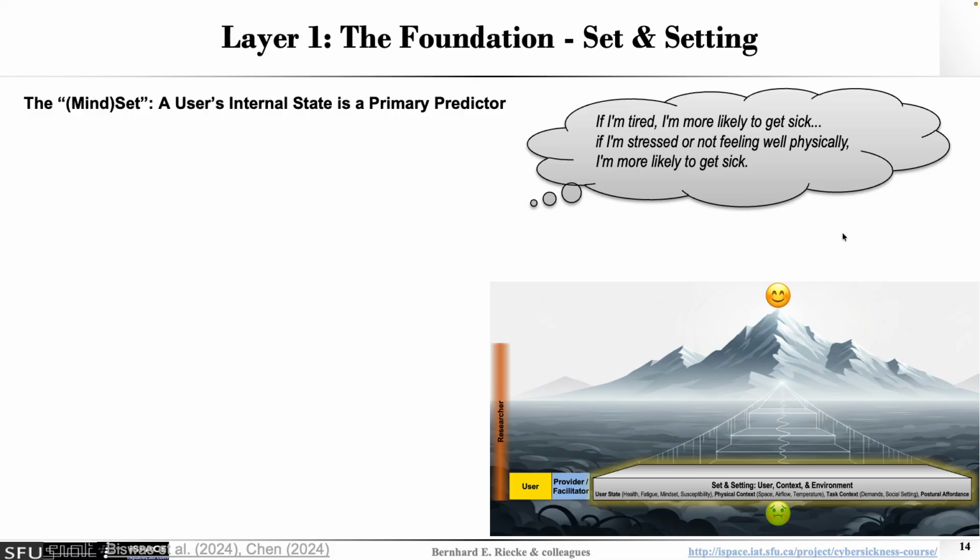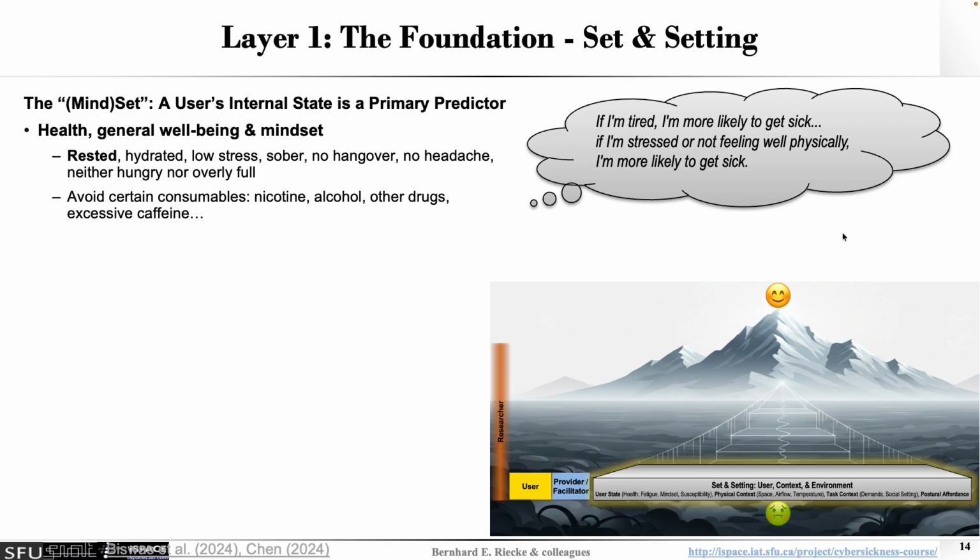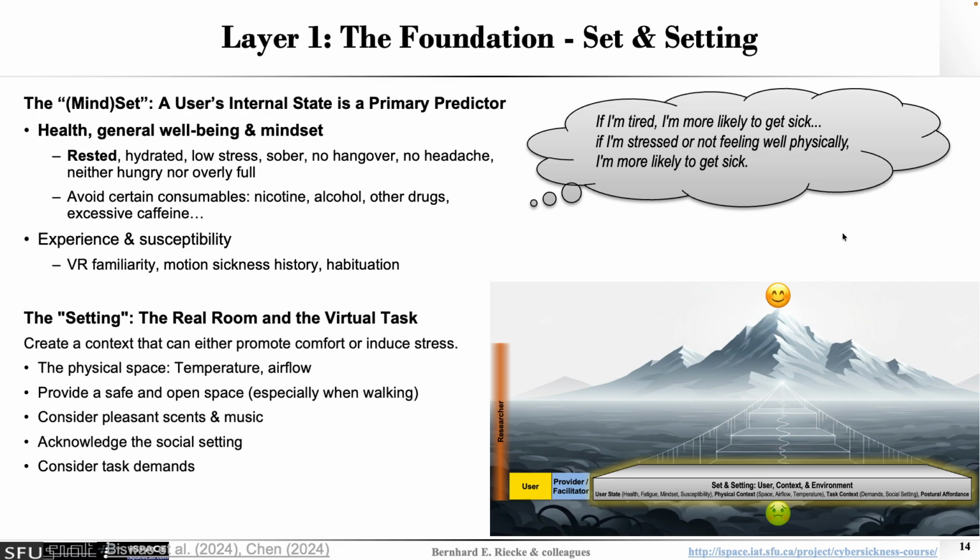So, it's really this internal aspect of general well-being, mindset, health, and all these different factors that you know about. But it's also the experience and the susceptibility, the history, habituation that can really affect this layer. So you kind of retweak yourself. The setting, the room, the task, all these aspects really have a huge influence, and we've heard a lot of talks about these aspects.